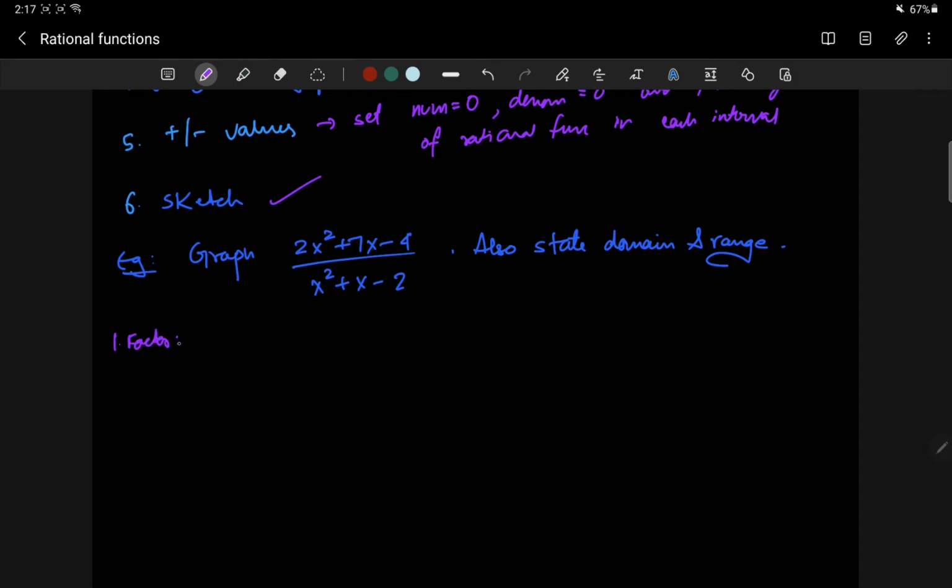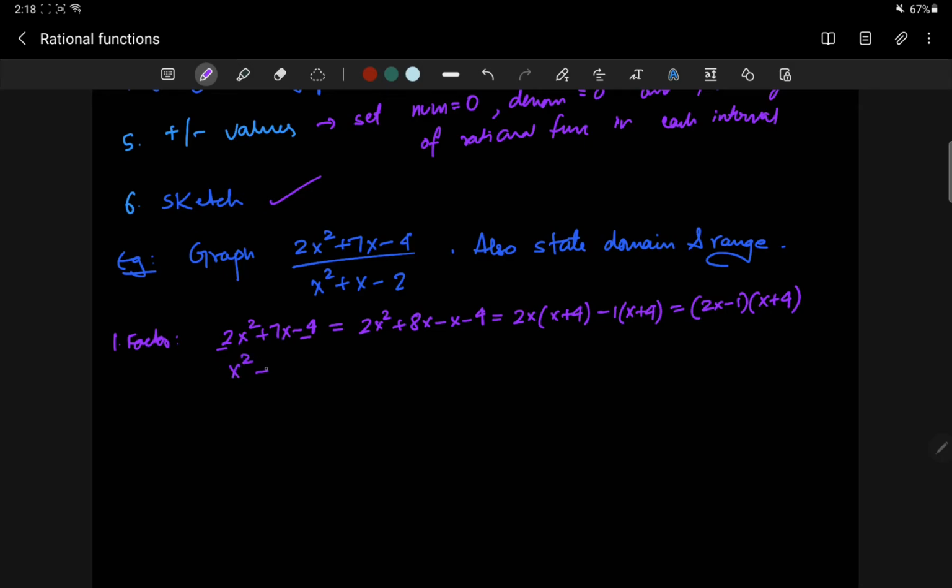Factor. I'm going to use split the middle term to factor. So I'm looking for two numbers with a product of -8 and sum of 7. The only possible way to do that is 8x minus x. Factor out a 2x to get x plus 4, -1 for an x plus 4, which eventually comes out to 2x minus 1 and x plus 4.